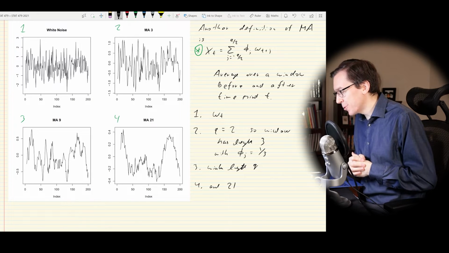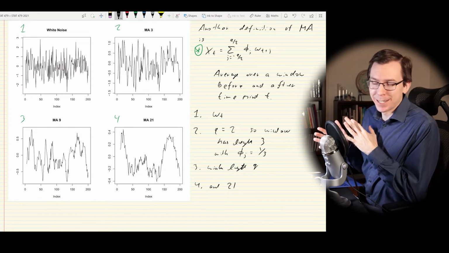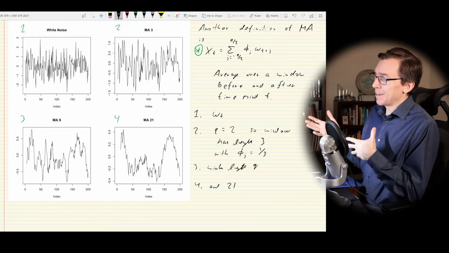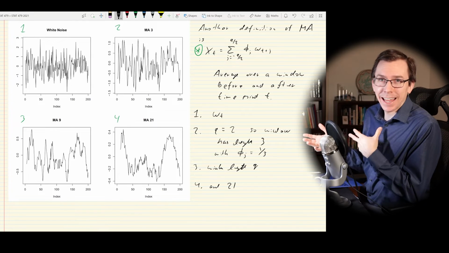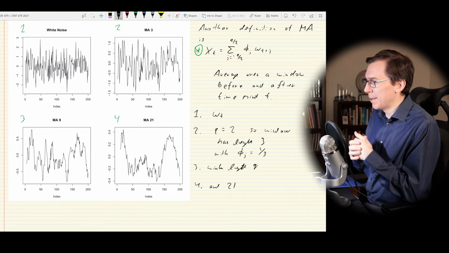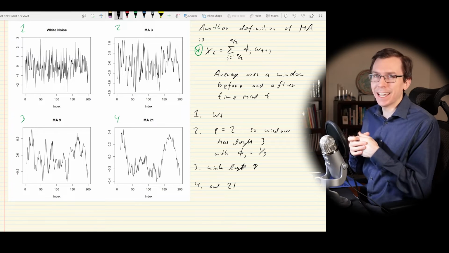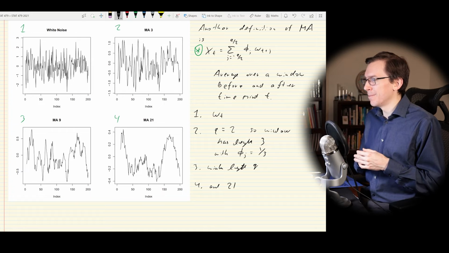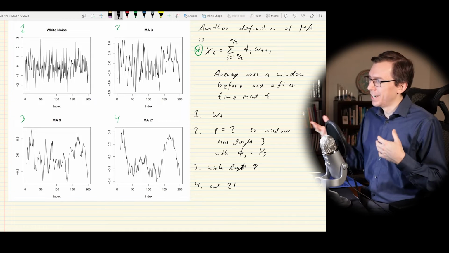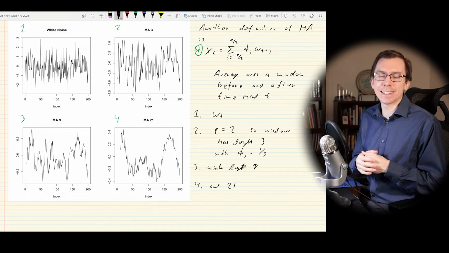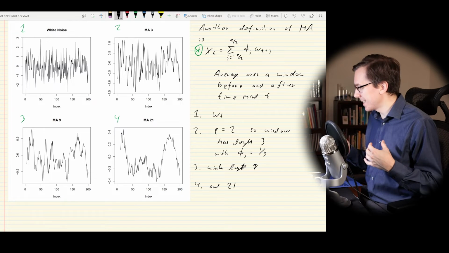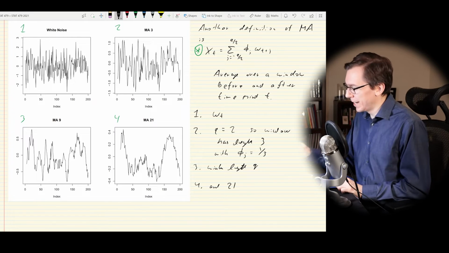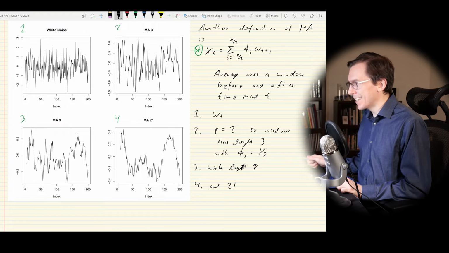When we look at the MA21 process in the bottom right, what we see is something that kind of looks a little bit like that random walk we saw up above, or an AR process. So it's not always straightforward, when looking at some data or a picture like this, what type of stochastic process or time series process we're working with. So it's always good to remember that.